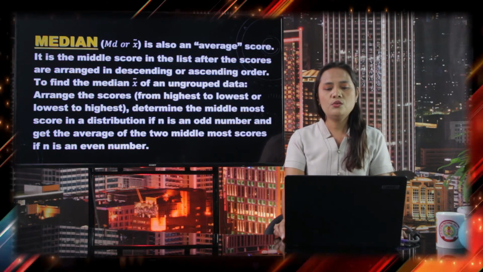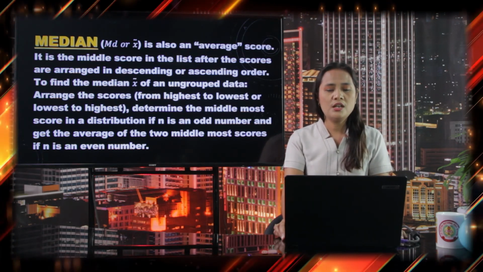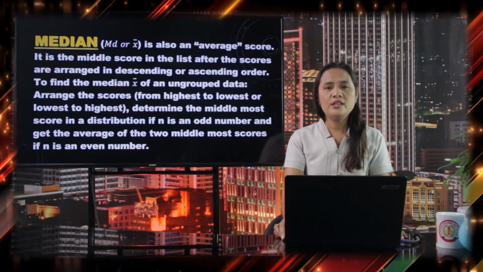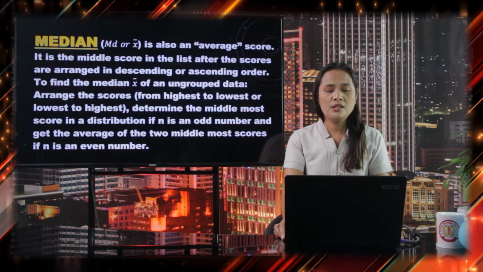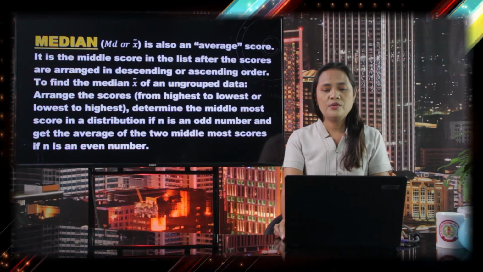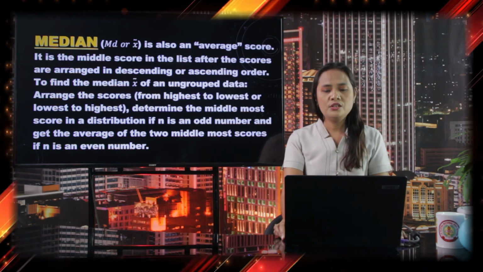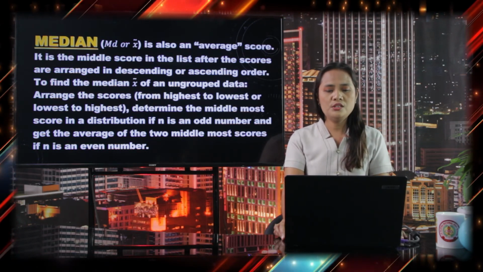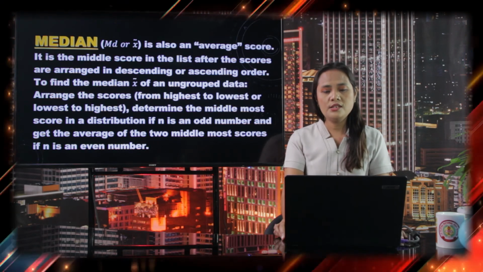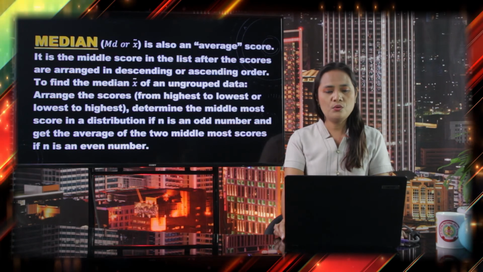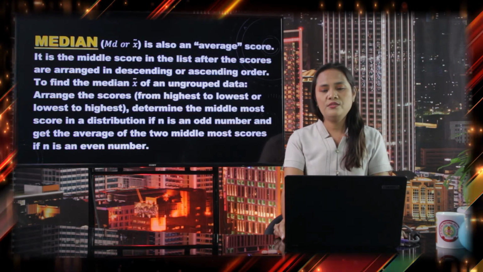It is the middle score in the list after the scores are arranged in descending or ascending order. To find the median of an ungrouped data, arrange the scores from highest to lowest or lowest to highest. Determine the middlemost score in a distribution if n is an odd number, and get the average of the two middlemost scores if n is an even number.